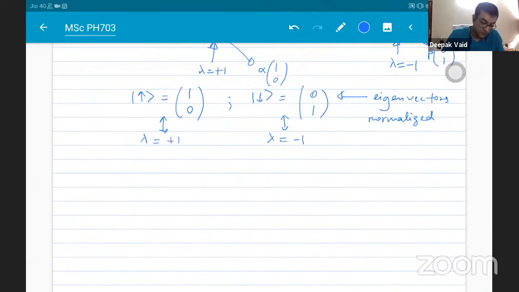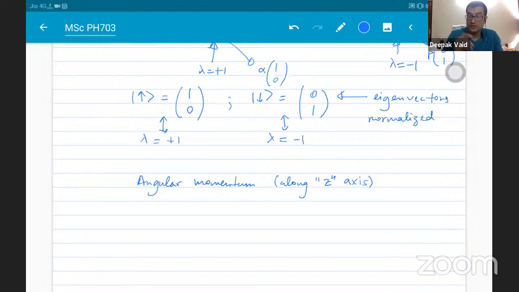Now, finally, we can come to the statement of measuring of angular momentum. Remember, this is along the "z-axis". I put the z-axis in quotes because it is something we have freedom to define.